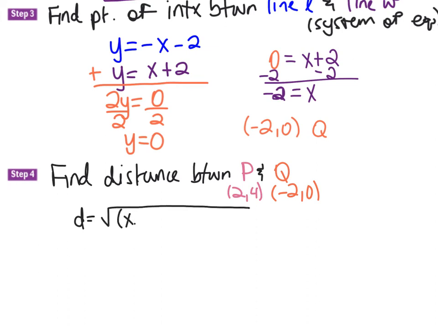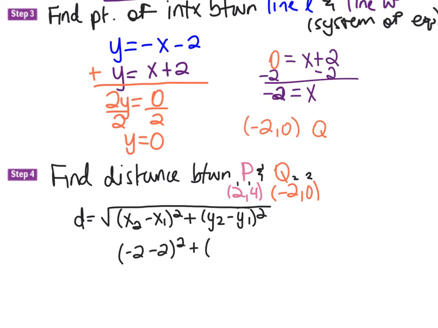Remember, that is the square root of (x2 minus x1) squared plus (y2 minus y1) squared. P will be my 1s, Q will be my 2s. So -2 minus 2, plus 0 minus 4.